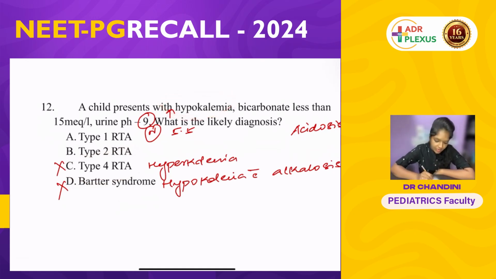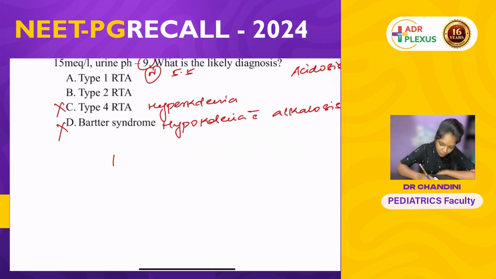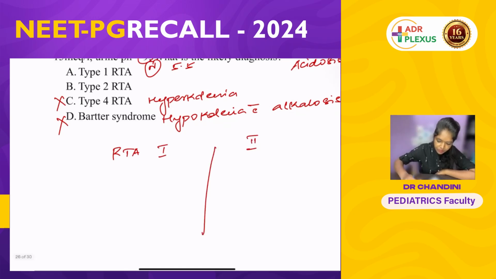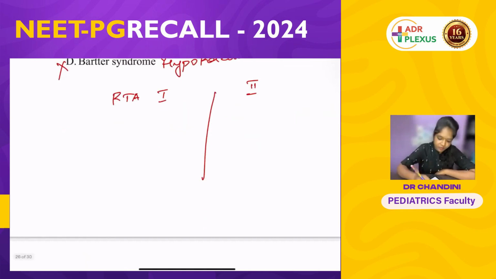Between type 1 and type 2 RTA, what is the answer? Type 1 RTA, we all know, is because of a defect in the distal H plus secretion.